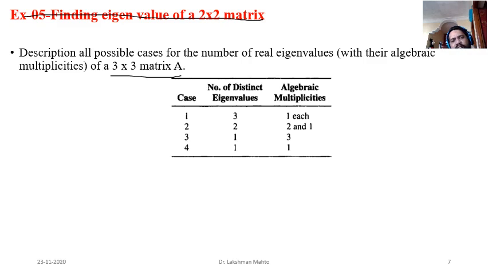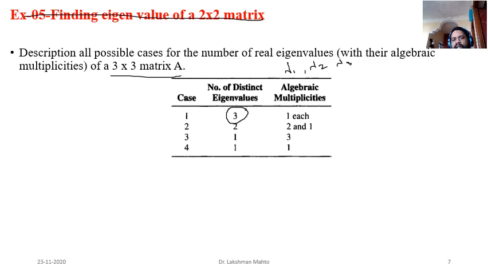If you are taking a 3 by 3 matrix, then it will have at most 3 eigenvalues. So the first scenario I am talking about is 3 distinct eigenvalues. That means if you have 3 distinct eigenvalues, lambda 1, lambda 2, and lambda 3, every eigenvalue has algebraic multiplicity 1.